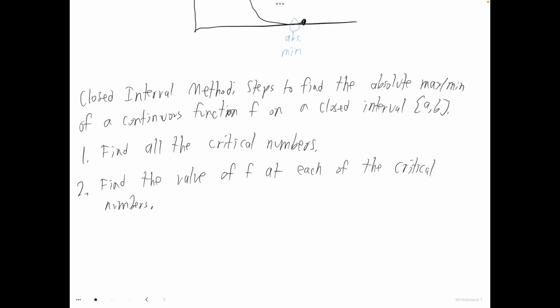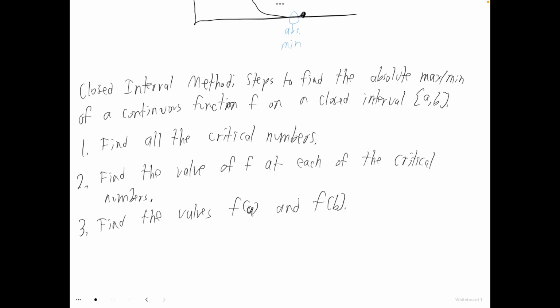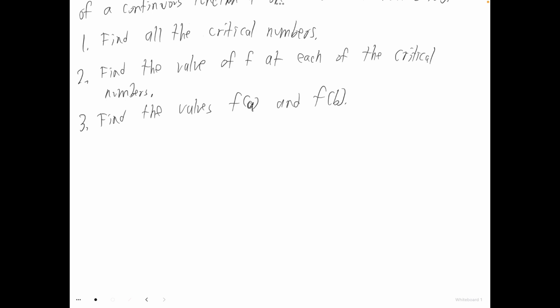So you literally plug the critical numbers into the function f. Step 3 is find the values f of a and f of b. So you plug in the two endpoints, find the values of the function at those endpoints.